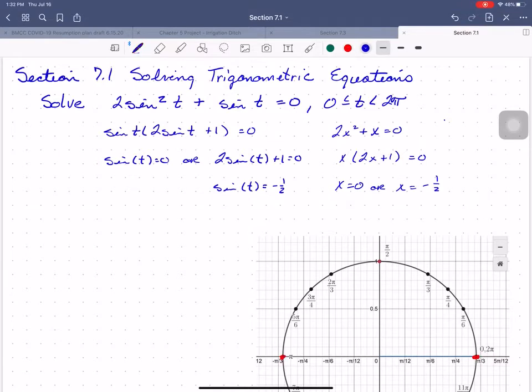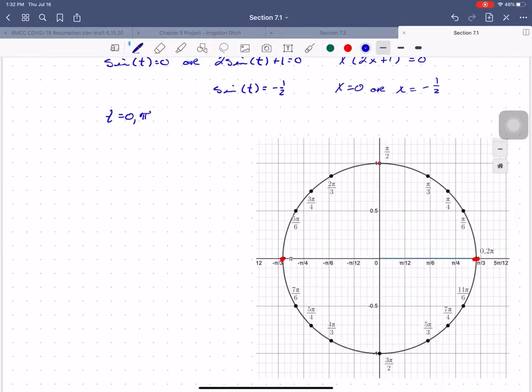So my first equation here tells me that t equals 0 and pi. And sine equals negative 1/2 at 11 pi over 6 and 7 pi over 6.